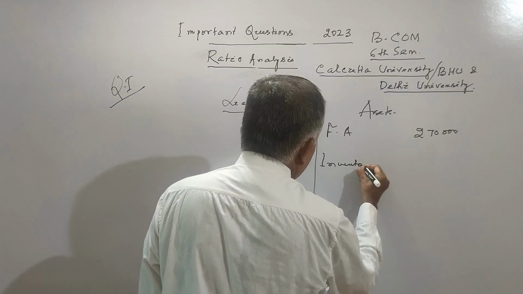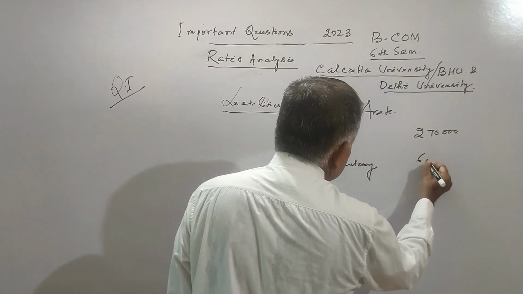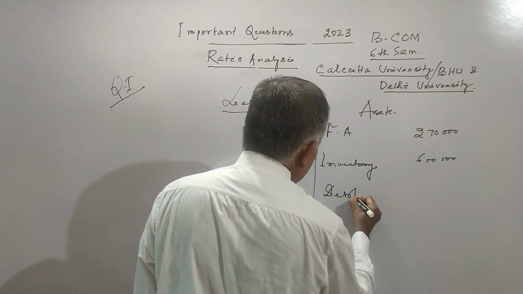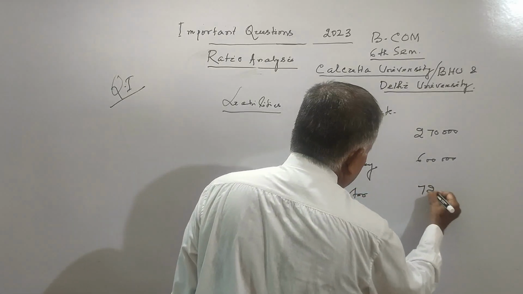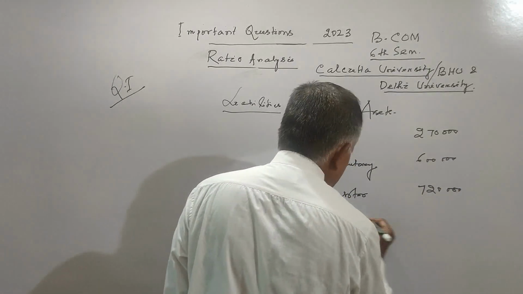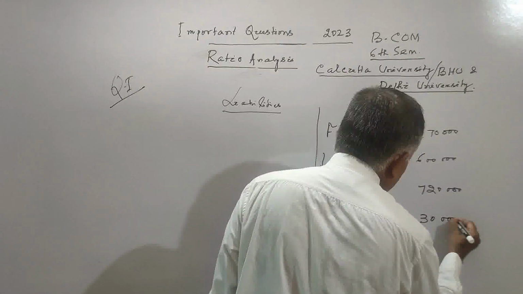Inventory, 6 lakh. Debtor, 7,20,000. Cash, 30,000.